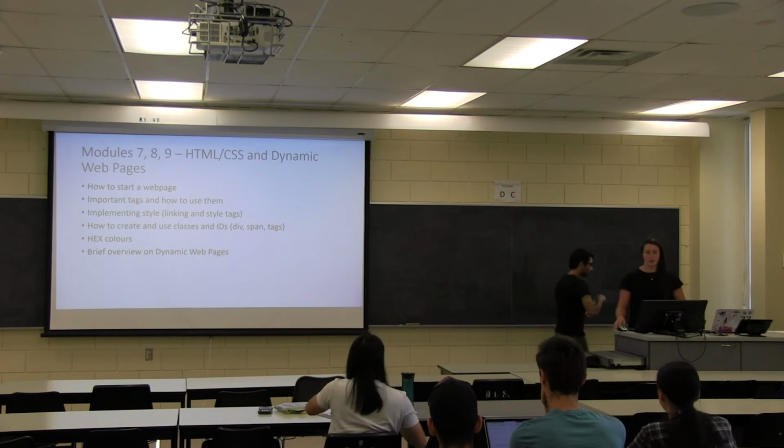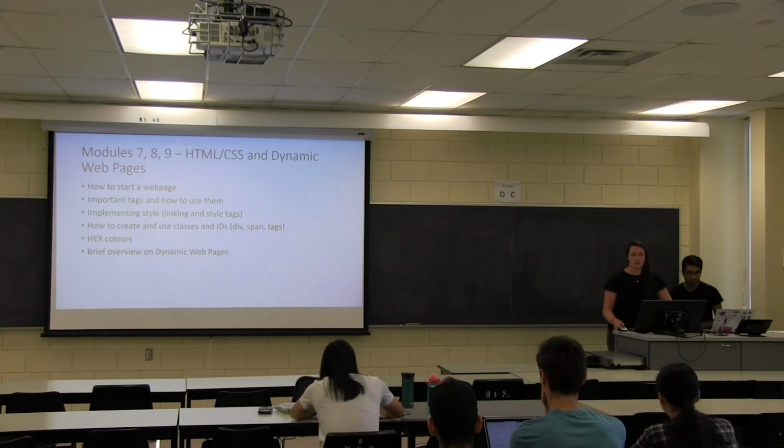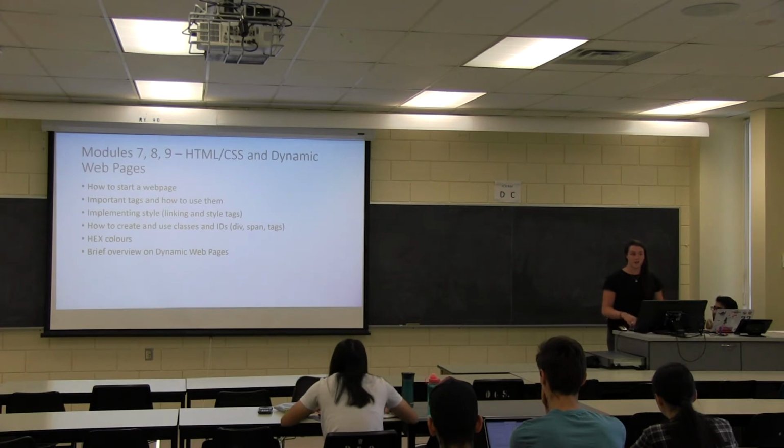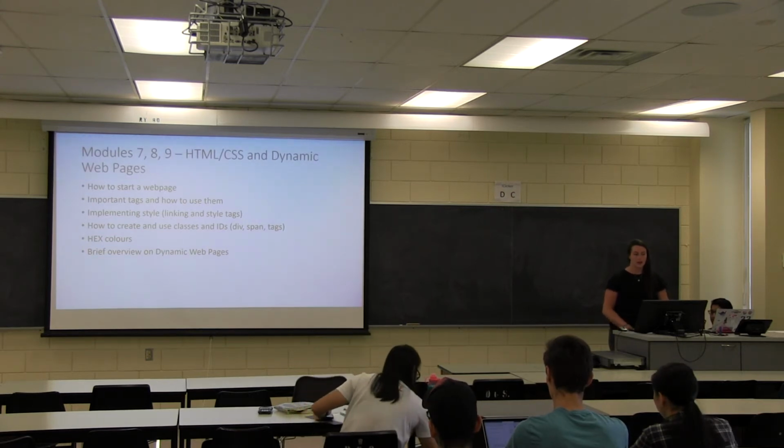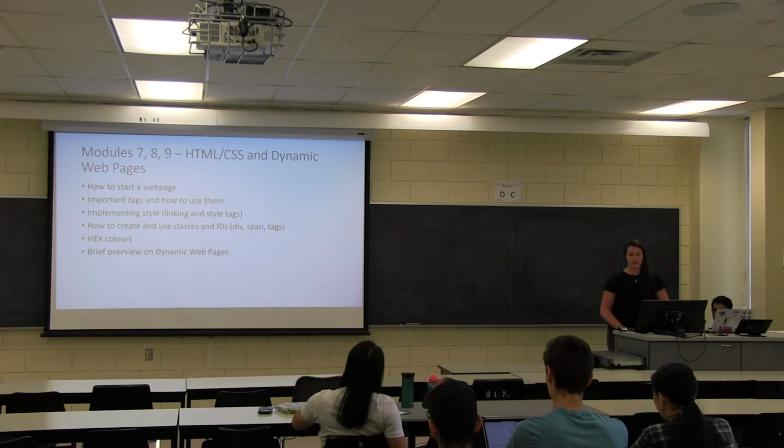So I'm going to start talking about modules 7, 8, and 9 that discuss HTML, cascading style sheets, and dynamic web pages. What I'm going to be talking about today and what you should focus your studying on for the exam is how to start a web page, the important tags that we went over in the course and how to use them, how you implement style by linking to a cascading style sheet and using style tags, and how to create and use classes and IDs, so that would be divs and spans.